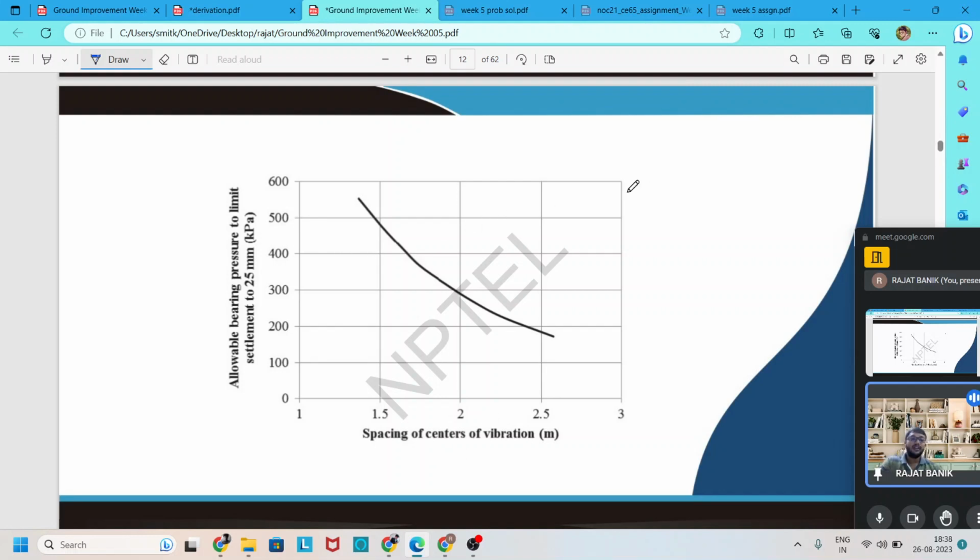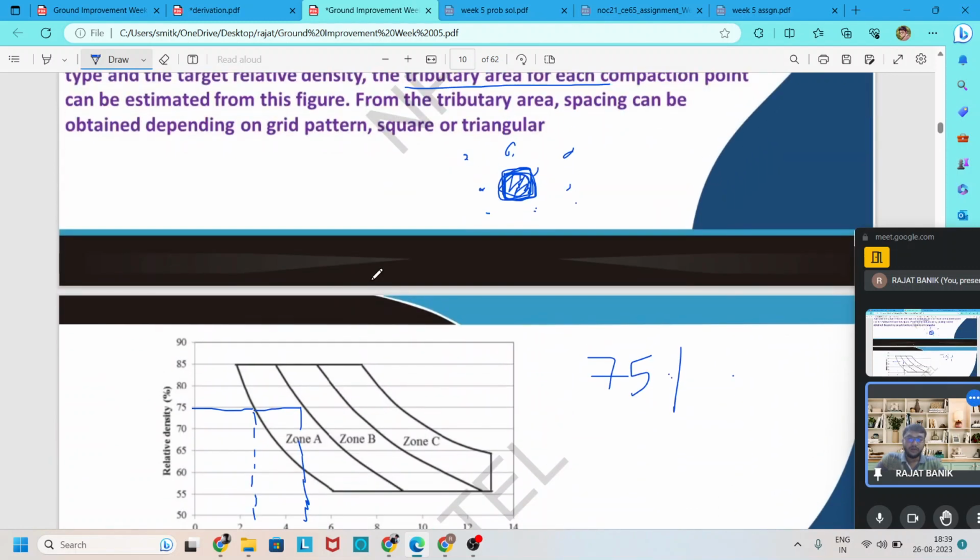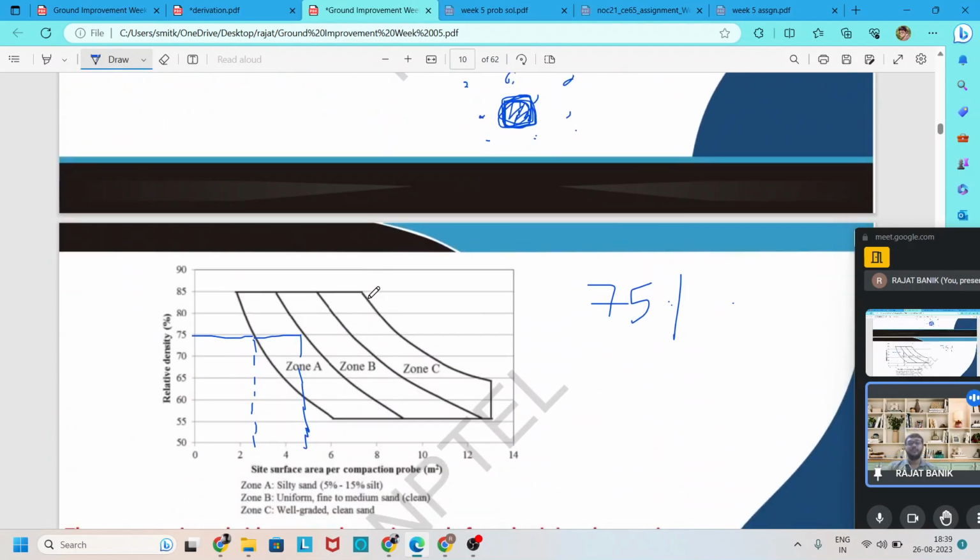If our targeted bearing capacity is 300, the spacing between two compaction points should be 2 meters based on the bearing capacity formula. So we see that by three ways we can find spacing. One is based on the material types and relative density, geomaterial types and relative density.